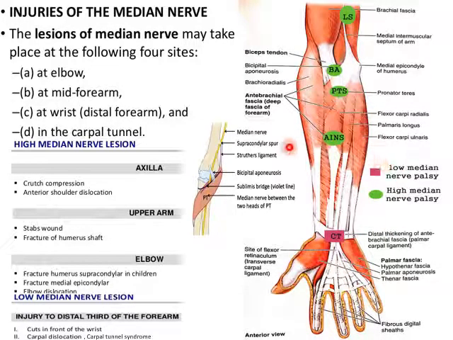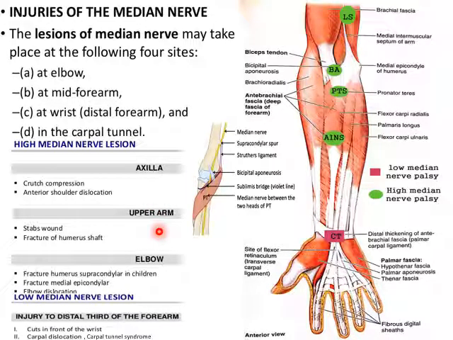The lesions which are above the mid forearm are considered as high median nerve lesions, and the lesions below the mid forearm, or the lesions concerned with the distal forearm and in the hand, are considered as low median nerve lesions. The lesions in the axilla can be due to crutch compression and also due to anterior dislocation of the shoulder.